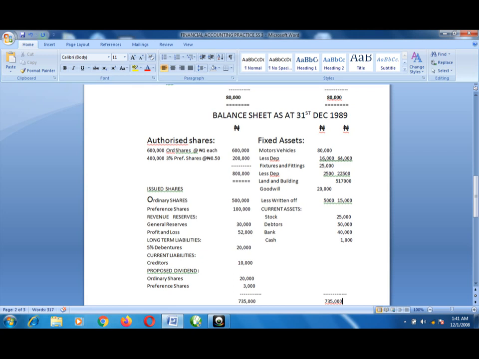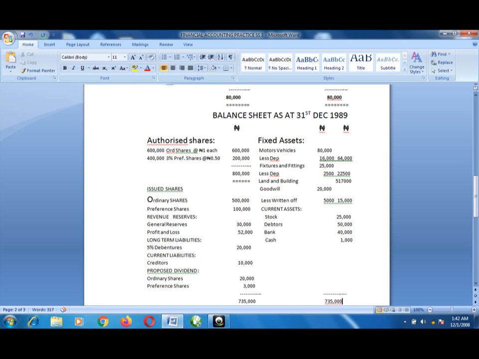And it does not mean that when you are writing the current assets, the debtors must come before the stock, or the bank must come as the last item, or under the fixed assets the motor vehicle must come before fixture and fittings, or the land must come before the motor vehicle. No, you quickly do the adjustment.